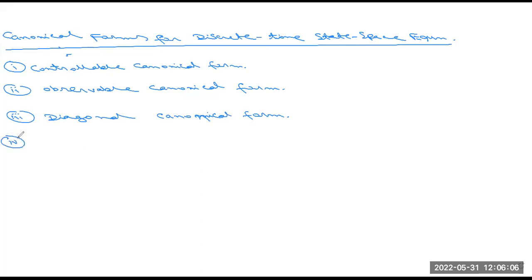And number 4 is the Jordan canonical form. We discussed these 4 types of canonical form last week also. Using these canonical forms, you can solve any discrete time state space equations. We discussed them one by one in the last classes, and now we will take one example using these canonical forms.